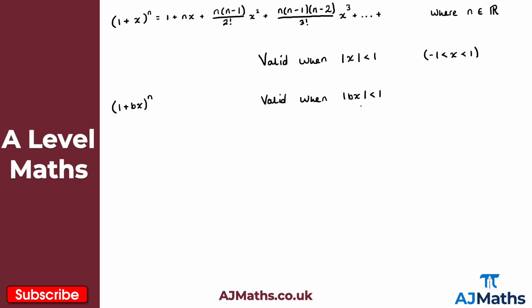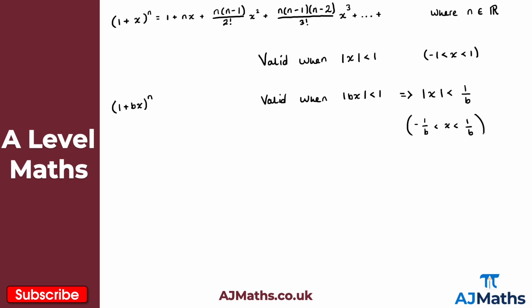We can rearrange this, so we then have mod x is strictly less than 1 over b. If you find the alternative notation easier, this would mean x is between -1 over b and 1 over b.